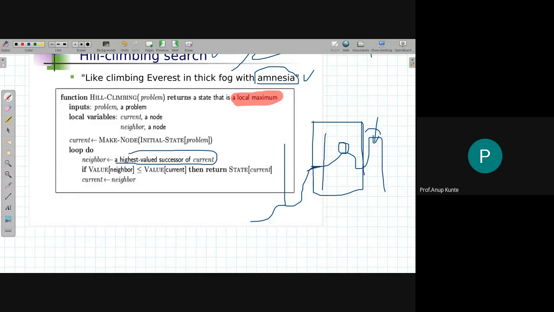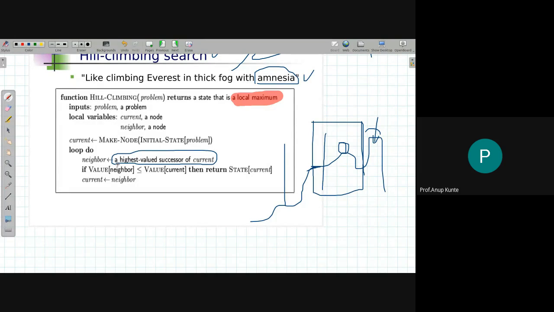Current node को वो inspect करेगा, वो apply करेगा transition model, find out करेगा what are the next states. From the next states, it will pick up the node with the highest value compared to the current node. Okay, जो भी मेरे successor nodes हैं उसमें से highest valued node कौन सा है वो pick up करेगा with respect to a certain cost function obviously.